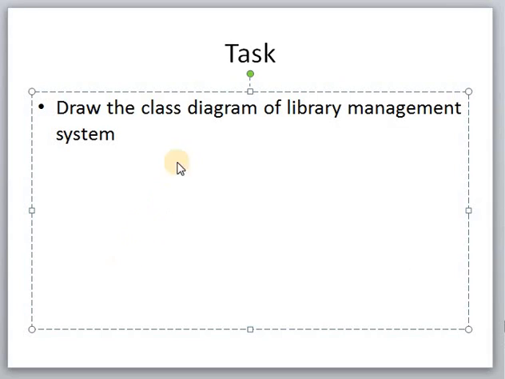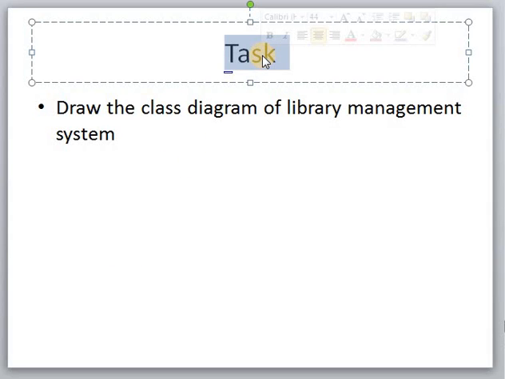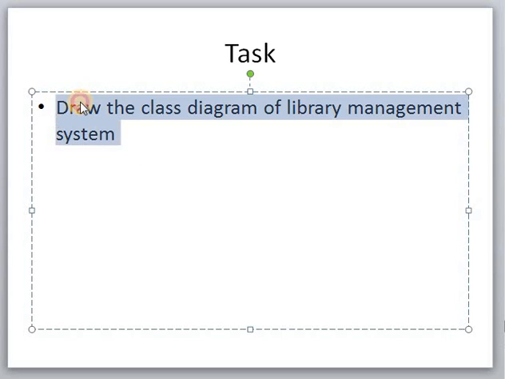So now we will see this week's task. The task we will consider this week is that you have to draw the complete class diagram of the library management system. In order to model an effective class diagram, you need to identify the set of classes or objects inside the library management system.